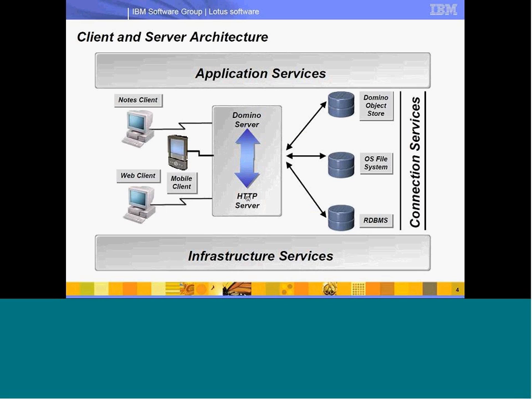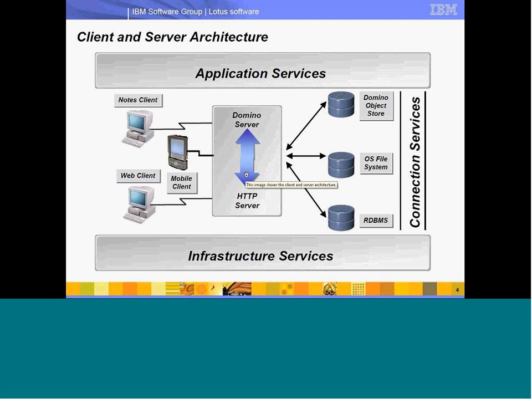One is the Domino server feature, and another is an HTTP server feature. The HTTP server provides the web-enabled features to the clients. Lotus Notes did not provide these web-enabled services, but from the 6th version onwards, they started Domino web-enabled services. So we can convert this Domino server into a web server.